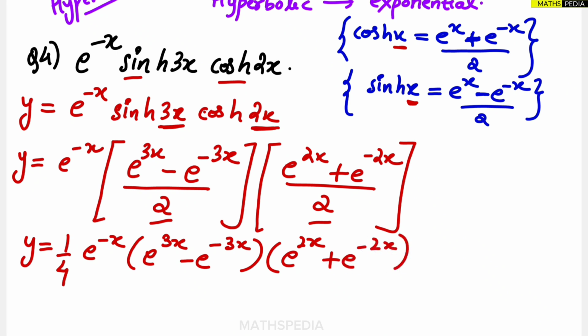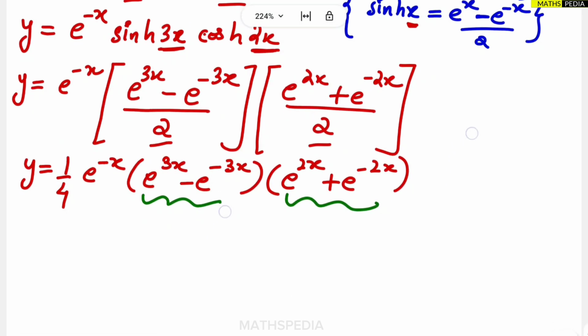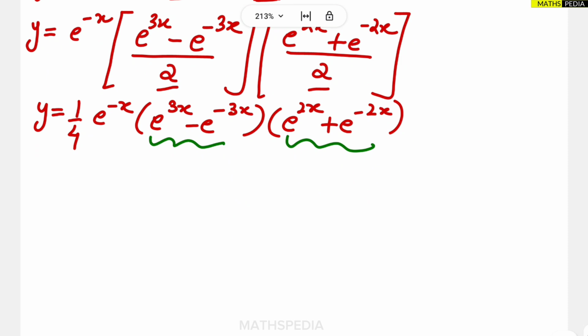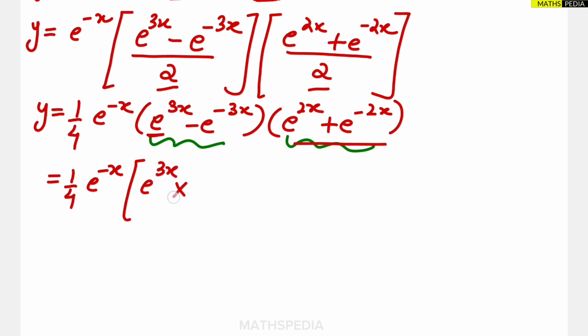Now I am going to multiply this and this. One by 4 e power minus x outside. So e power 3x I'll multiply with both: e power 3x into e power 2x plus e power 3x into e power minus 2x.